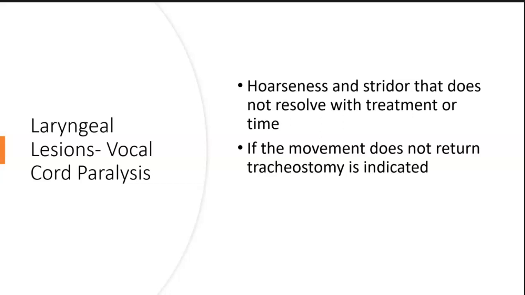So if those symptoms are not going away, then we would suspect that there's probably vocal cord paralysis. To diagnose this, they typically go down with a bronchoscope and observe the vocal cords for movement. So they'll take the bronchoscope, look down the patient's airway, and look to see that both of the vocal cords are moving. So vocal cord paralysis can happen.